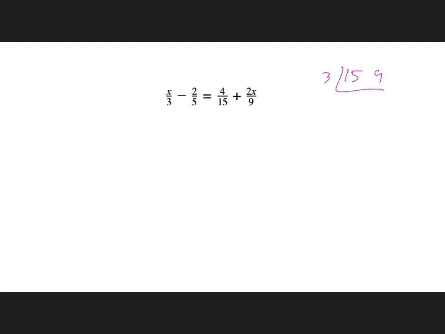So 3 can go into both of those. So that'd be a 5 and a 3. 5 and 3 is a 1 and I'm done. So I'm going to multiply those. 3 times 5 times 3, which is going to bring me to 45.